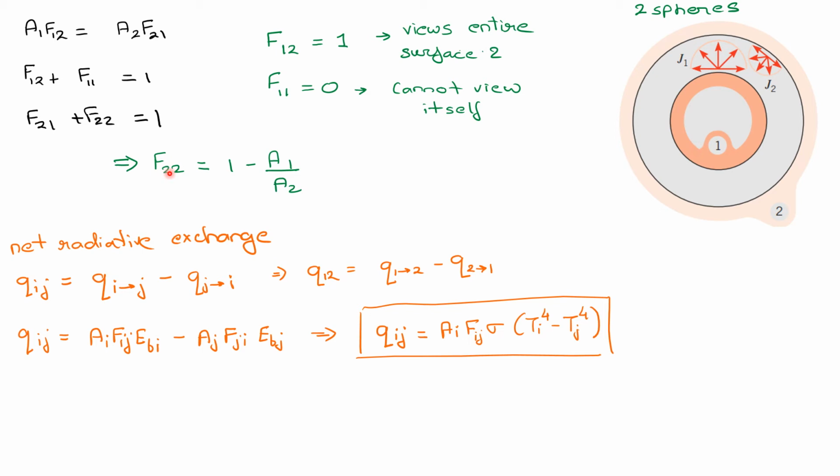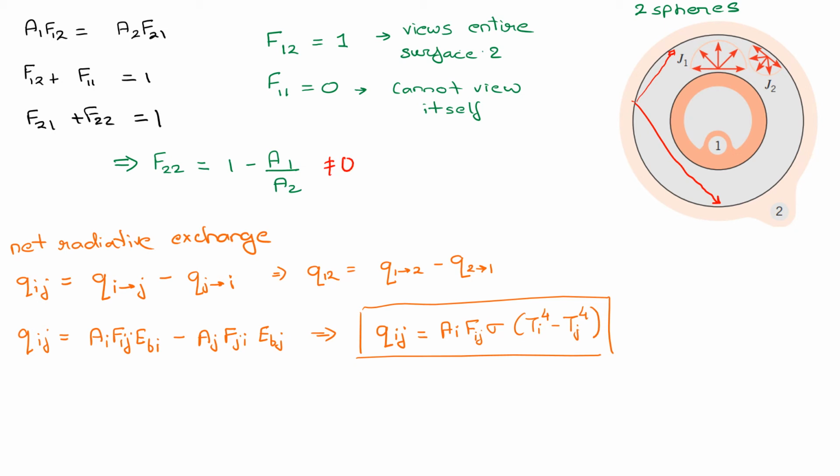But it is not true for F22, because the radiation from surface 2 will land on surface 2 again. So this is a non-zero quantity.